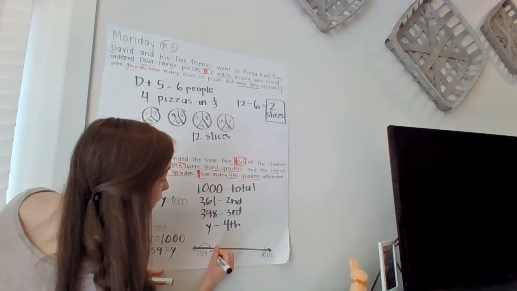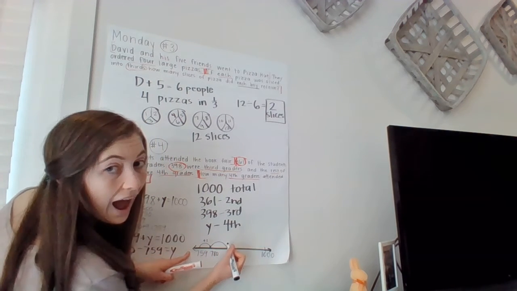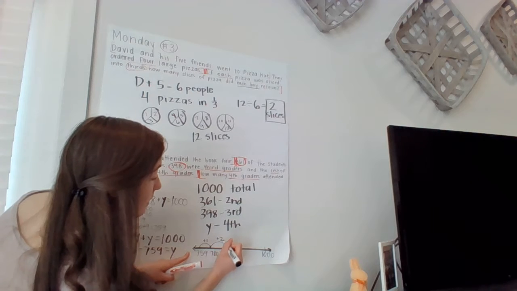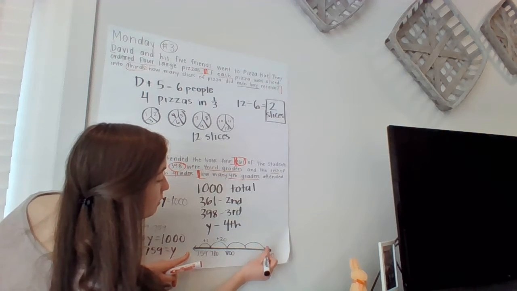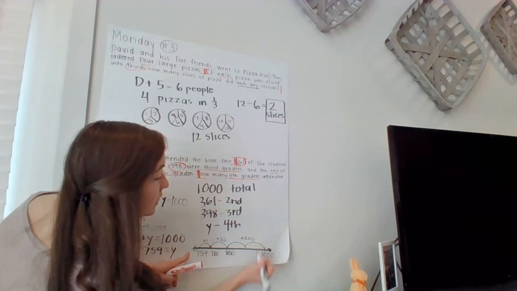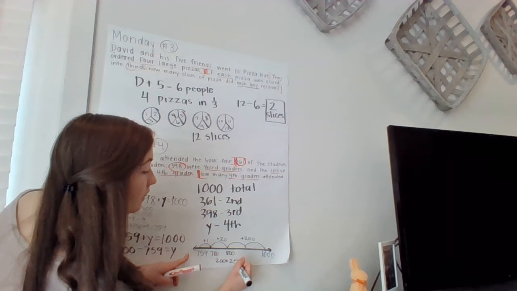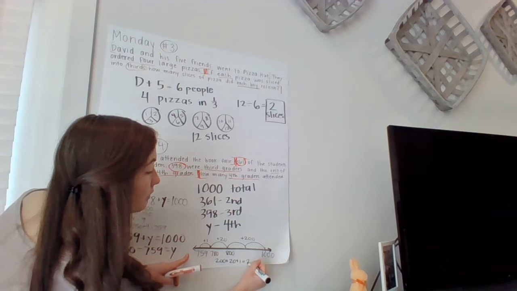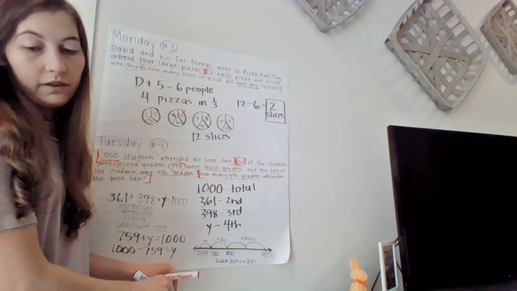If I add one more, that'll get me to 780. If I add 20 more, that'll get me to 800. And then if I add 200 more, that's going to get me to 1,000. So now I have to add 200 plus 20 plus 1, and that'll give me my answer of 221.